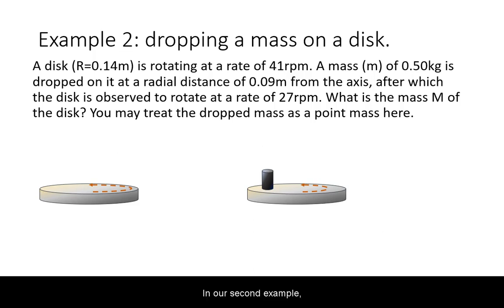In our second example, we are going to drop a point mass on a rotating disk. Due to conservation of angular momentum, this will slow its rotation.